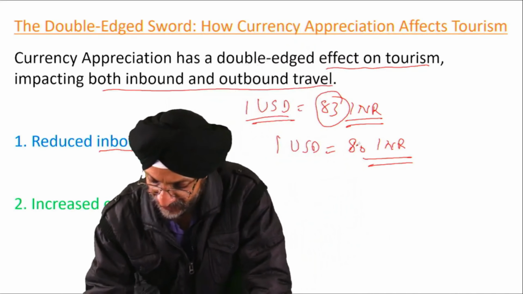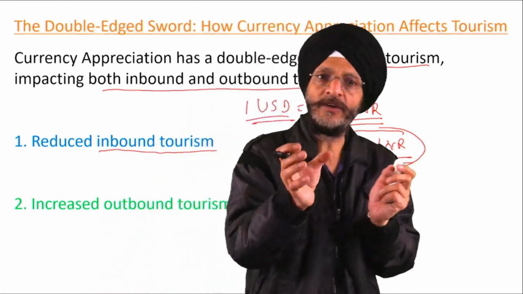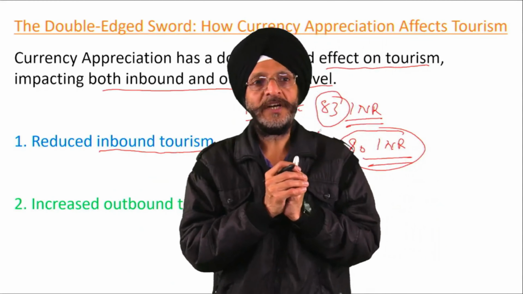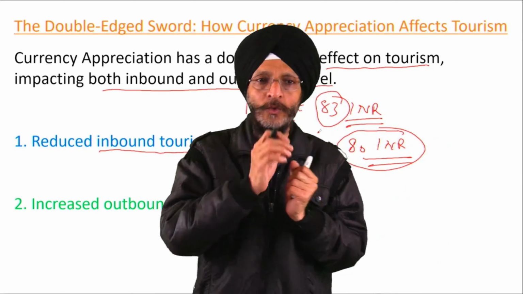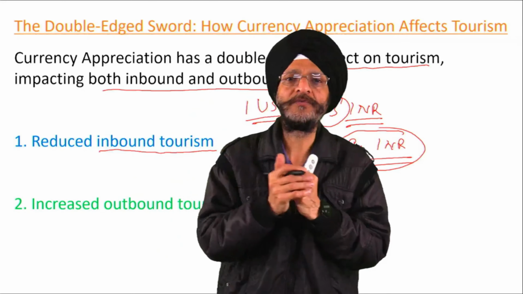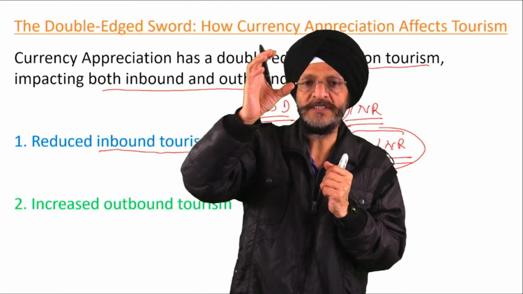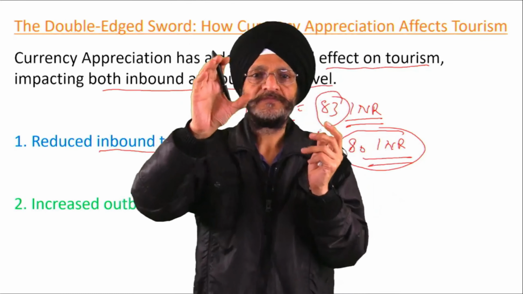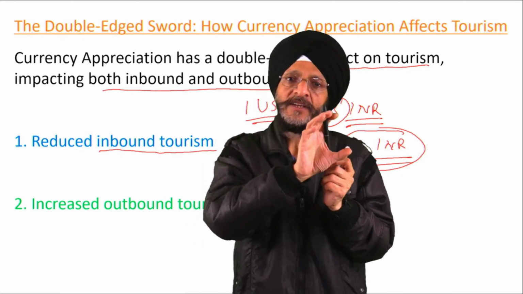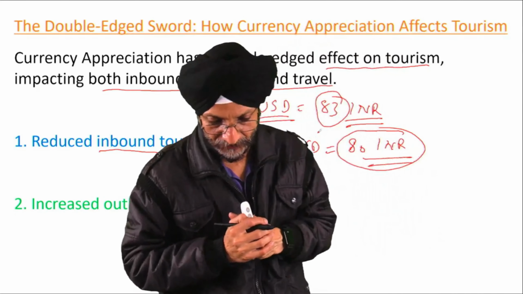So when they get less in return for the same US dollars which they are spending, it will naturally adversely affect the tourism industry also. It can hurt the revenue of the tourism sector in the appreciating country because the foreigners will have to reduce their duration of stay in the country where the currency has appreciated.